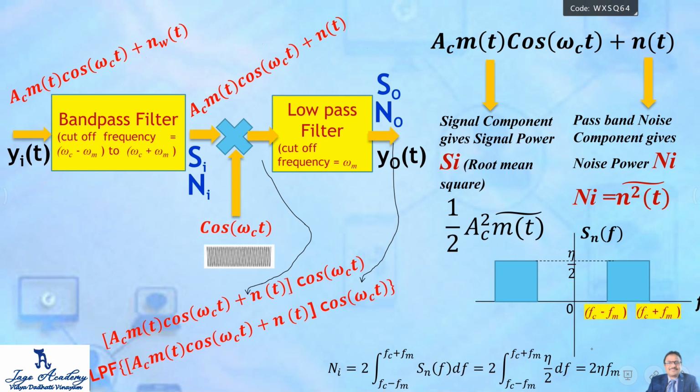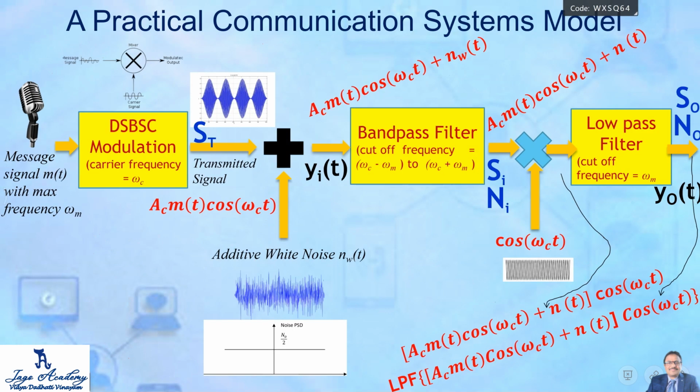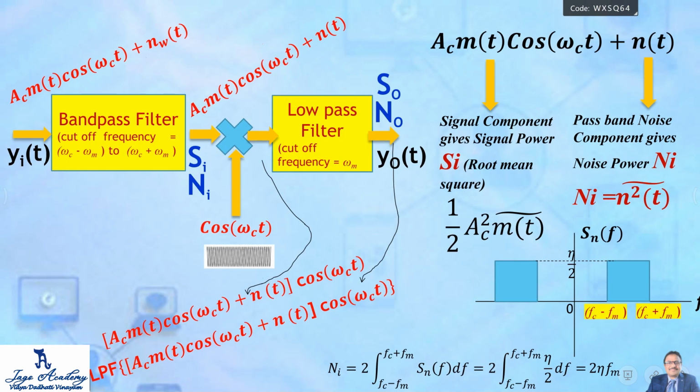Output signal power and output noise power. How do you calculate output signal power and output noise power? Now tell me. You proceed yourself now. You require the equation at this point, right? How did you calculate Si and Ni? From this equation. So how will you calculate So and No? From this equation.